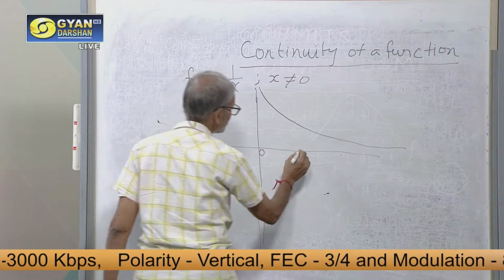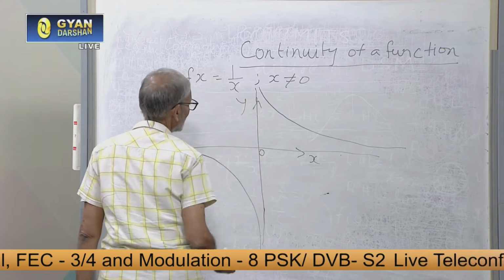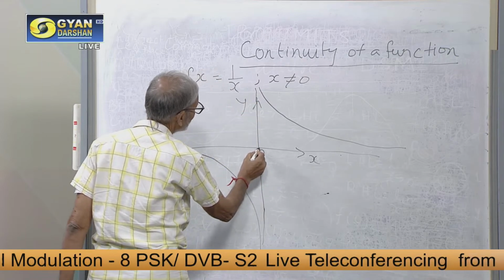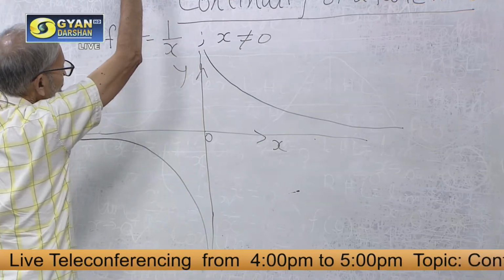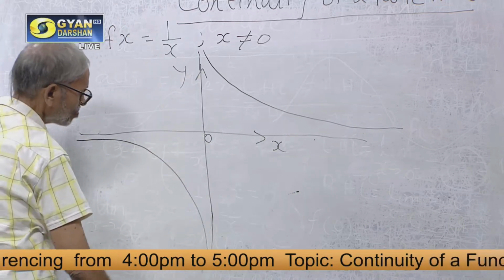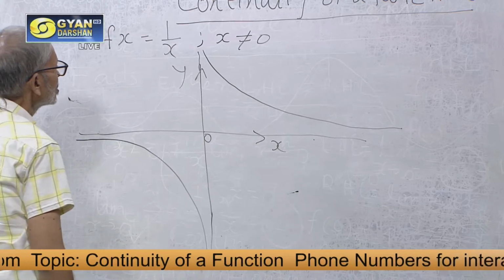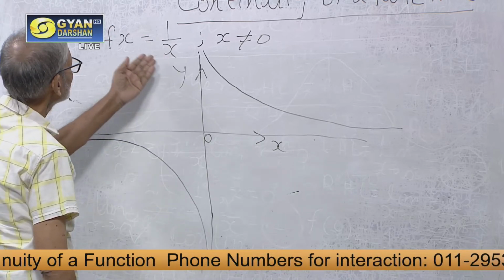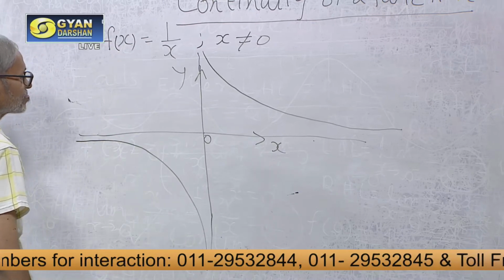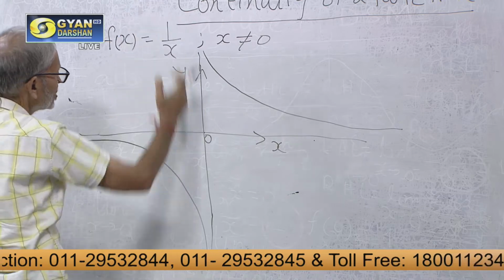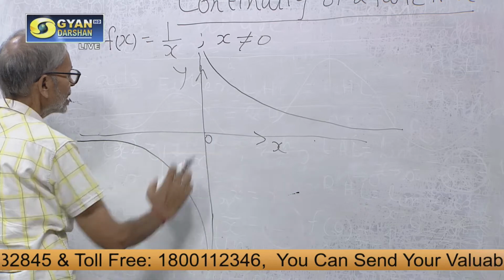It is not defined at x equal to 0 because its value varies from plus infinity to minus infinity. If you put value 0, the function f x will become infinity, and you do not know whether minus infinity or plus infinity. So, this is not defined at x equal to 0.